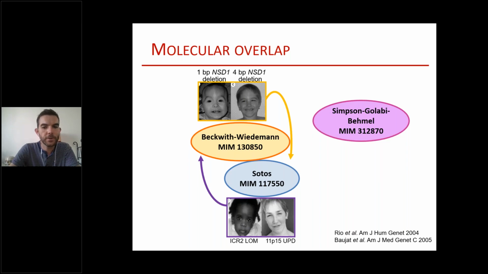For example, a few years ago with our colleagues from Necker Hospital in Paris, we were able to demonstrate that for some patients with an initial diagnosis of BWS, but with no molecular defect at 11p15, some of them will carry NSD1 anomalies, which is associated with Sotos syndrome. And conversely, for some patients with an initial clinical diagnosis of Sotos syndrome, but with no NSD1 anomaly, we were able to show abnormal methylation at 11p15.